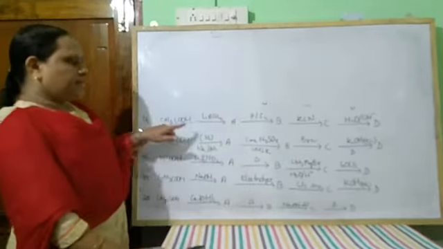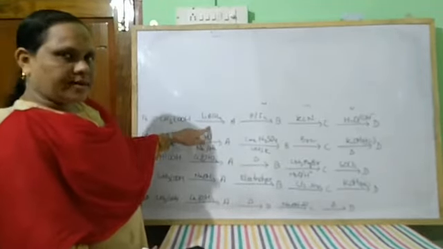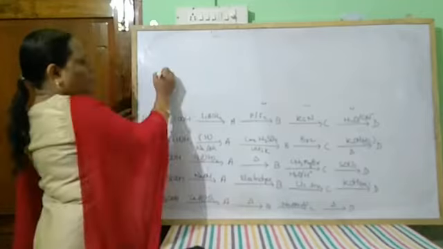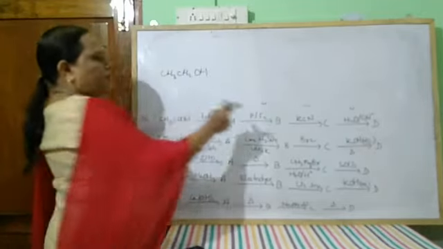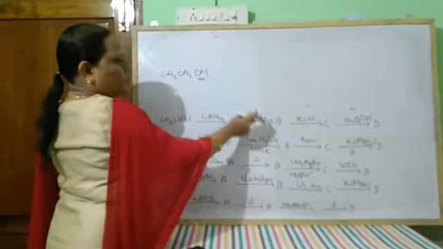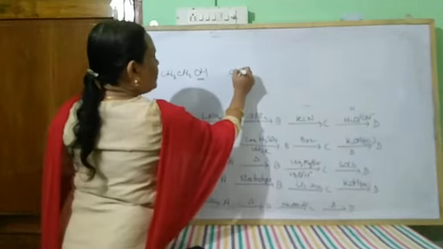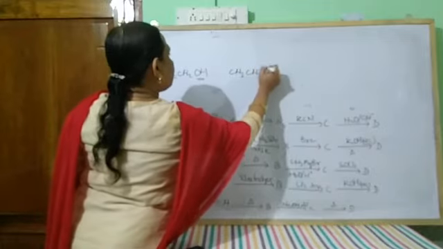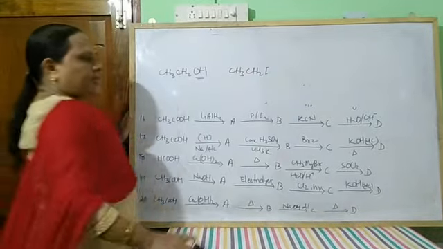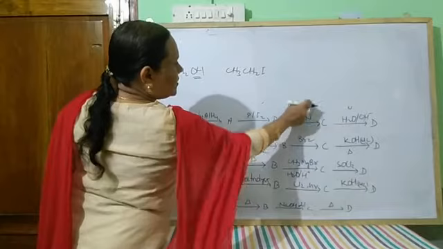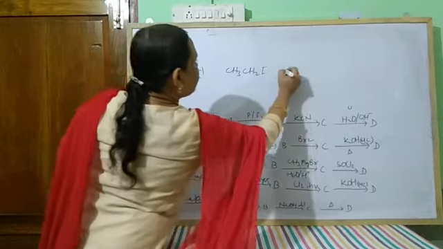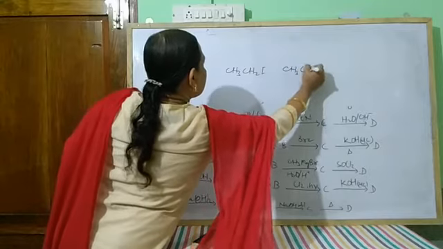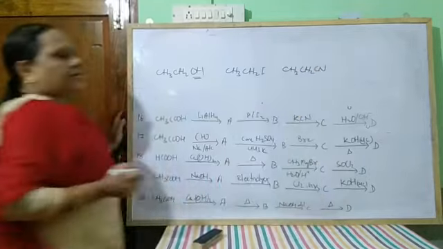Acetic acid reacts with lithium aluminum hydride. It undergoes reduction to form alcohol, ethanol. Phosphorus iodine, OH group replaced by iodine, so it forms ethyl iodide. And again haloalkane reacts with KCN, so substitution reaction takes place, it forms cyanide.